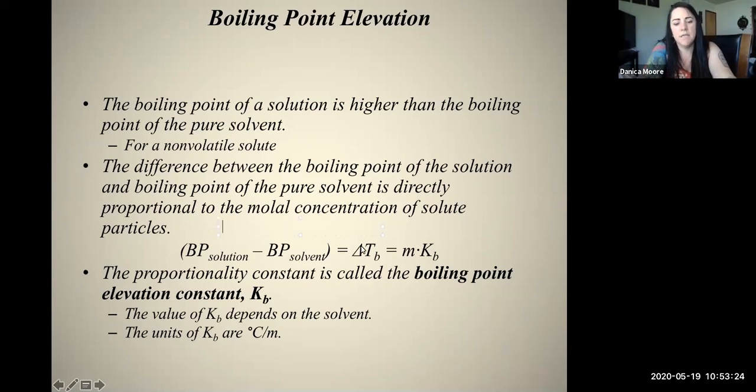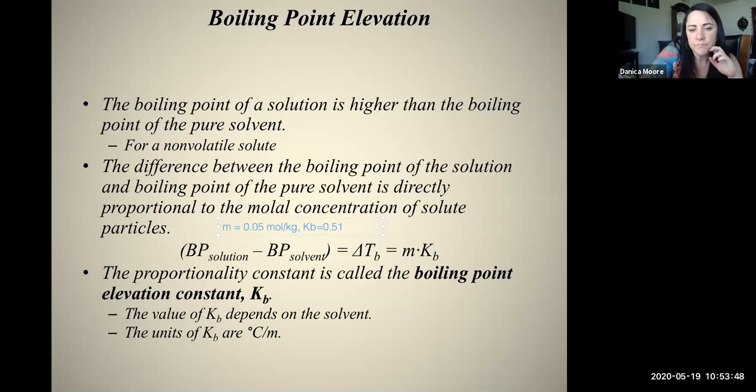So let's say we have a molality of water that's equal to 0.05 moles per kilogram, and our KB of water is 0.51. So plugging those two into this equation, what does that give us for the change in boiling point?